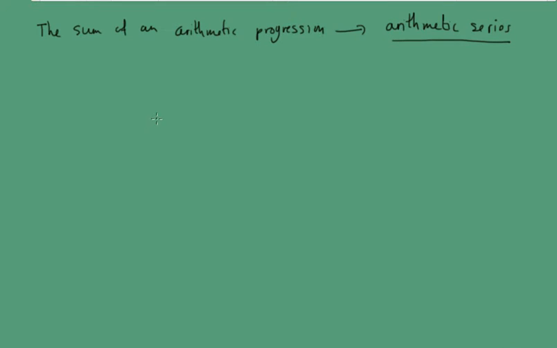If we have the sum of an arithmetic progression, arithmetic series, S n is equal to n over 2 times (a plus L), where L is the last term, or we can write that as S n, the sum of the series, is n over 2 times (2a plus (n minus 1) d).